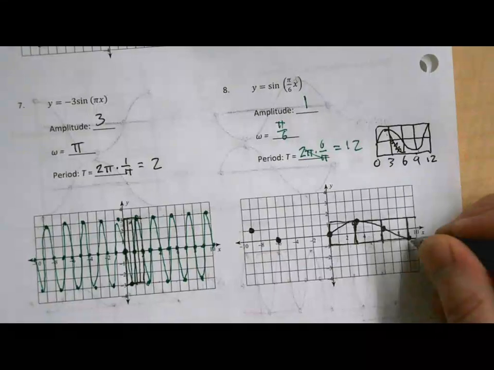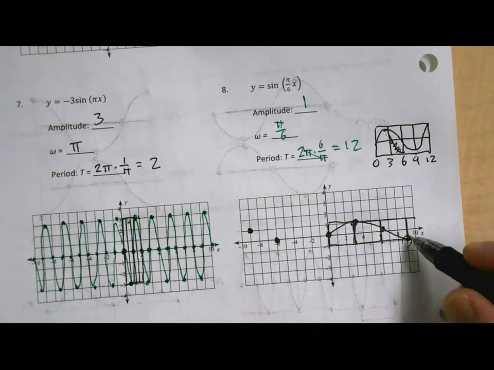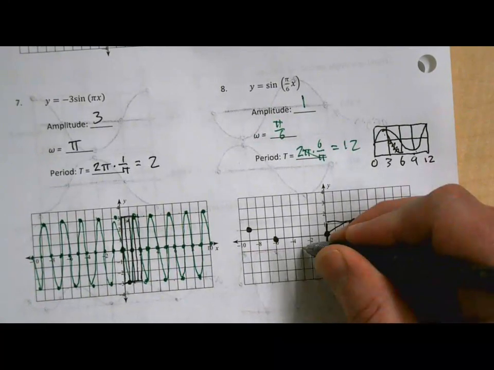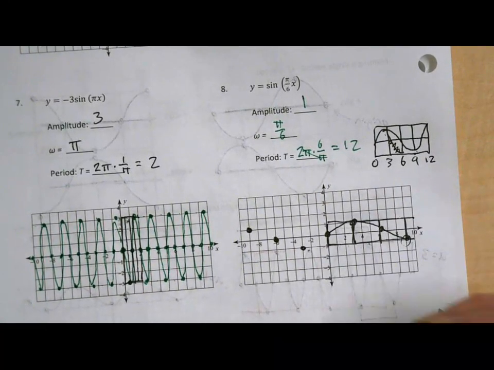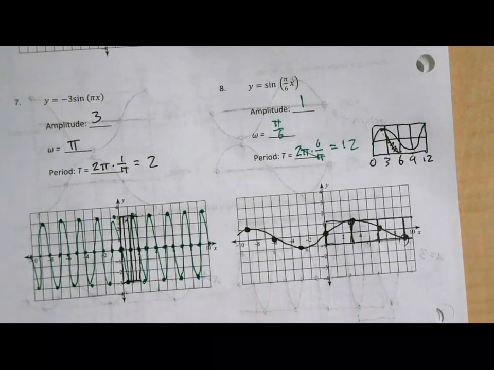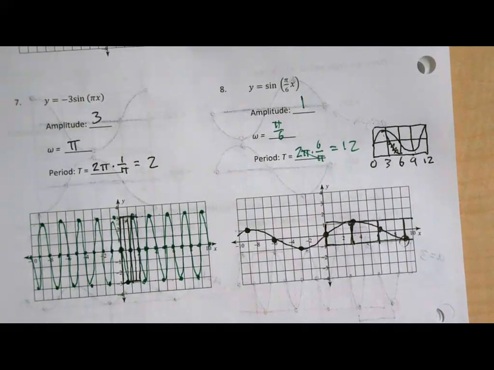This min here is at 9. If I go to the left by 12, 9 minus 12 gets me to negative 3. And that's enough for us to draw as much as we can fit in there.